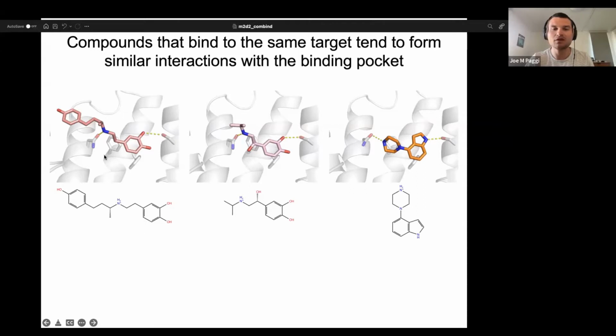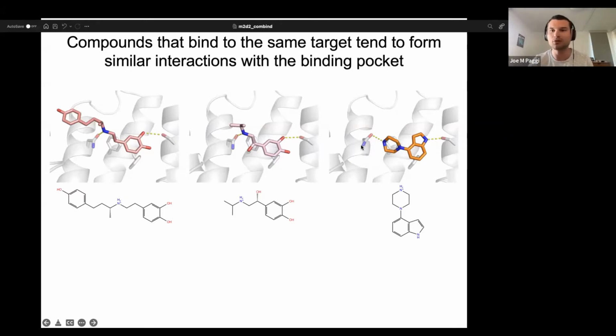This might be obviously true for chemically similar compounds like these two on the left. But we noticed that chemists often assume that even for very different ligands like this one, even though it has a completely different chemical scaffold, it still is able to form these two key hydrogen bonds.